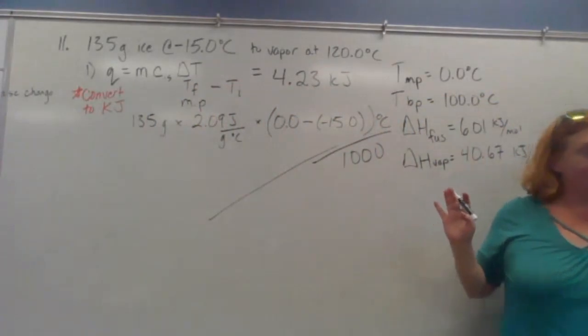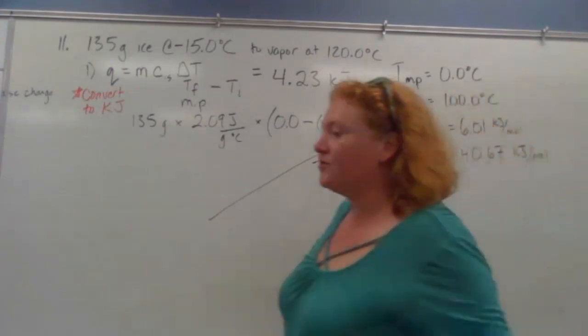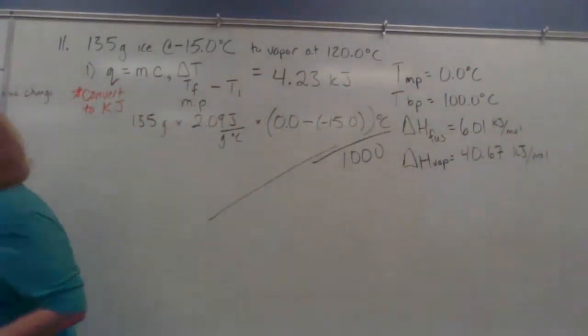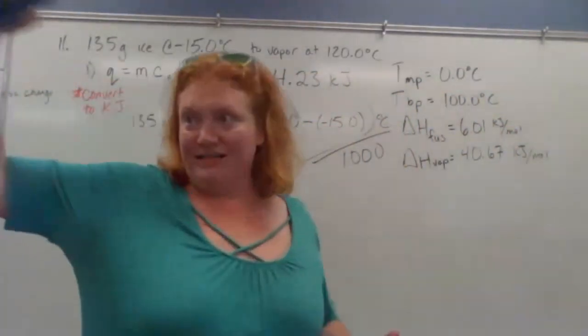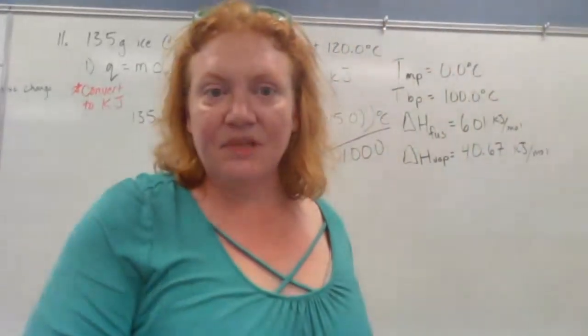Yes? Anybody got a question so far? We're good? Okay. Right, Uriam? Yeah? Okay. So hopefully you can kind of see what we're going to be doing step-wise, moving up the heating curve. Yeah?